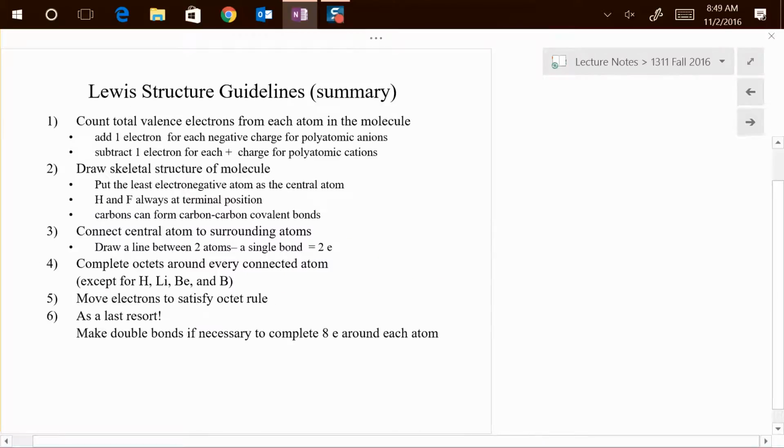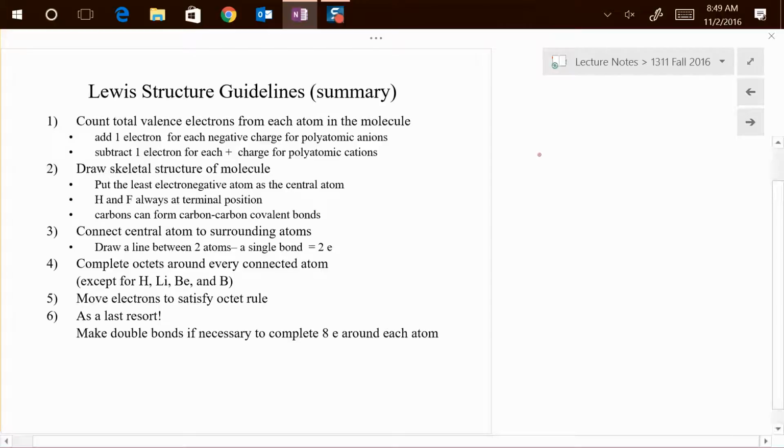Now let's talk about Lewis structures. This is a little different than the dot structure. Here in the Lewis structures, we're going to use lines to represent bonds. The dots on a Lewis structure represent electrons that are not bonded, unless you're showing the Lewis dot structure itself.